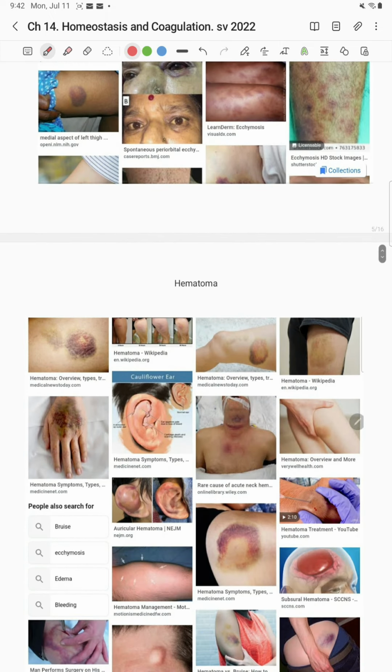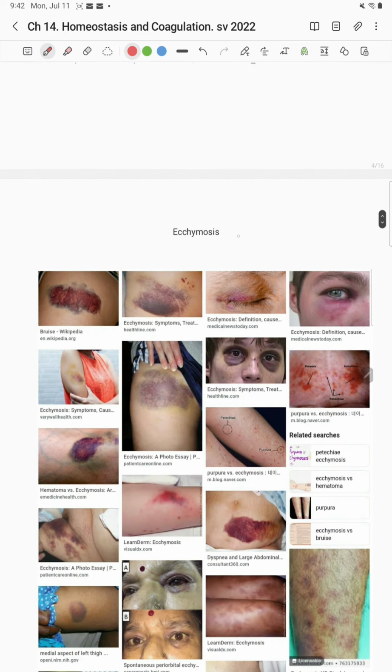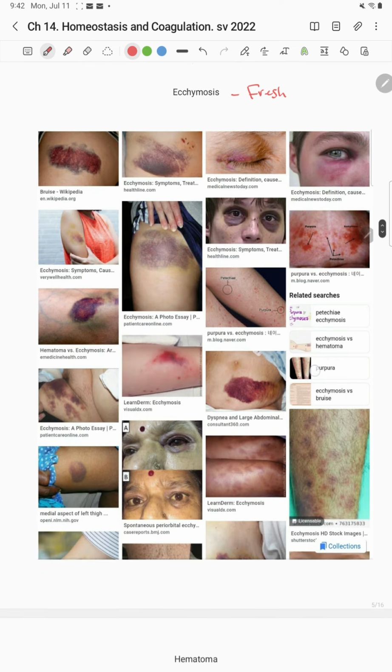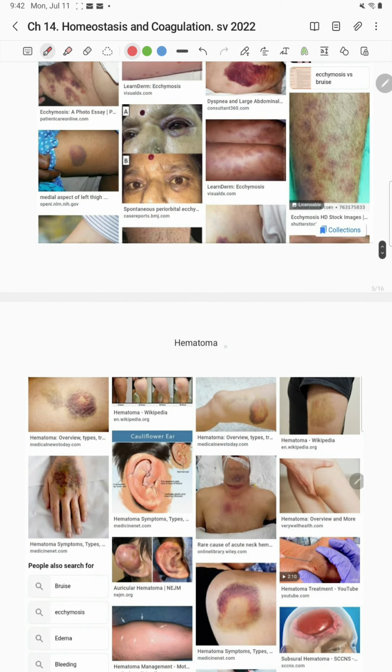Generally speaking, the difference is ecchymosis is fresh. Okay, so it's a fresh bruise, it just happened. And a hematoma is what forms later, the appearance or the color that forms later after the trauma.